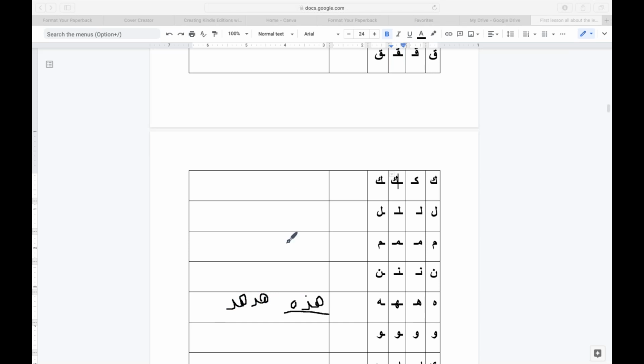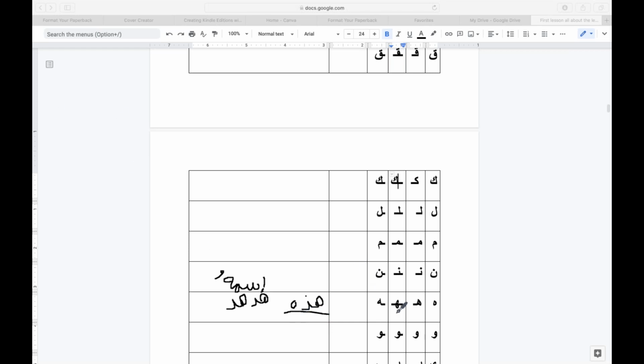Okay, hudhud, this is at the beginning. Ha at the end. Again, let me give you another ha at the end, like ismahu, his name. Ismahu, and there is a dhamma. Okay, ismahu, his name. And look at my handwriting, guys. Excuse the handwriting, it's the mouse.